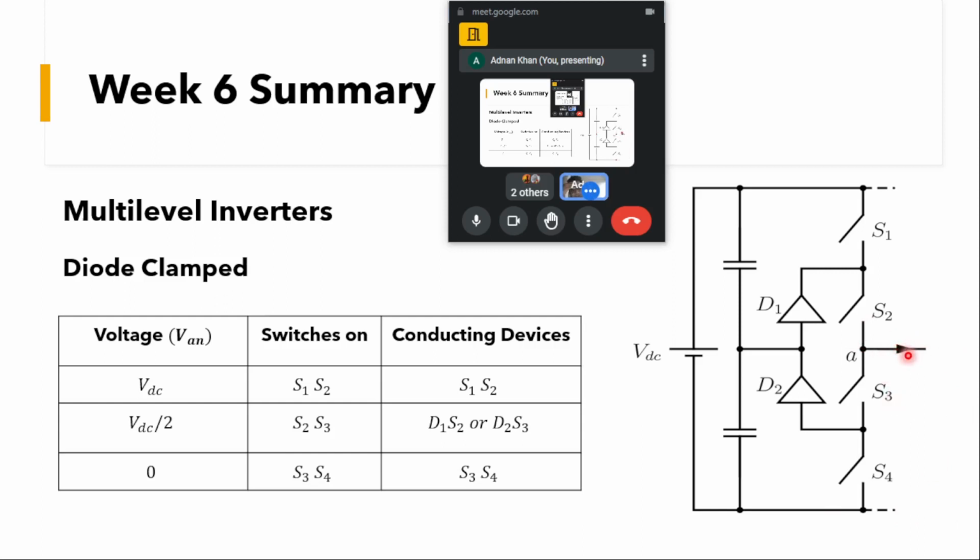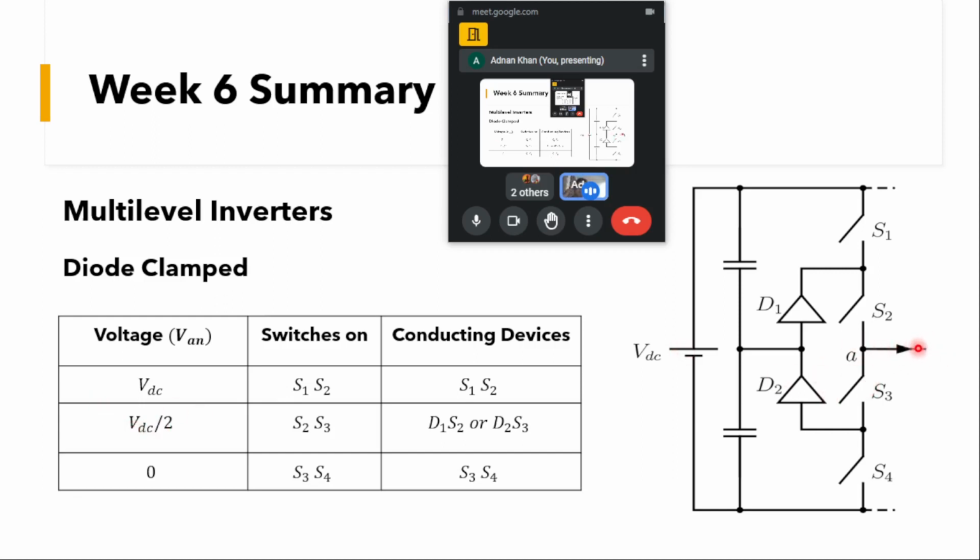The current direction here can be in two ways, positive or negative. If my current is positive, then the current will flow through D1, so D1 and S2 will be conducting, and the A point will come to the midpoint, and my voltage VAN will be equal to VDC by 2.